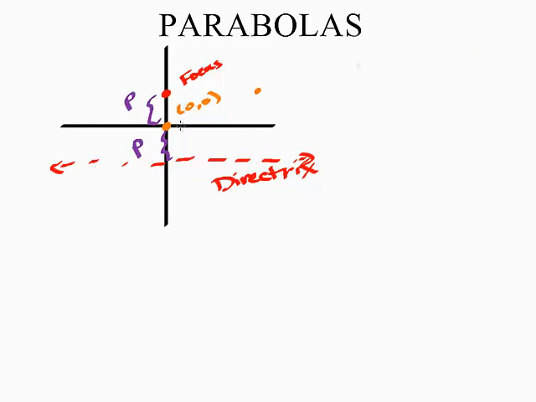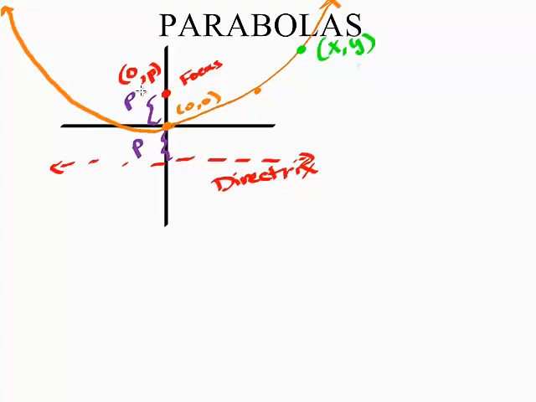Let's say we have a parabola, something like that. Now we're going to pick another point on that parabola. So we have the focus, and another point we'll put all the way up here. We're going to generically call that (x, y). If the vertex is at (0, 0), the focus must be at 0 and then up p number of units, so it's (0, p).